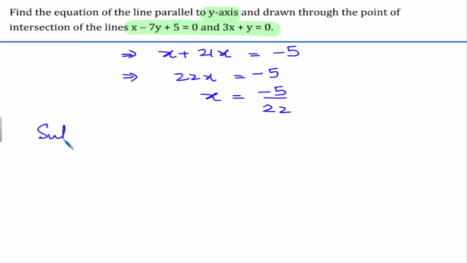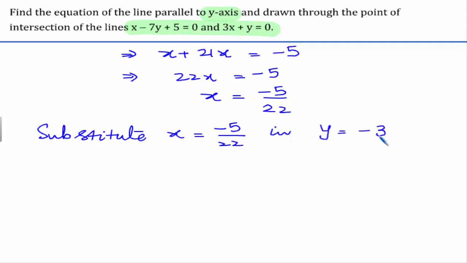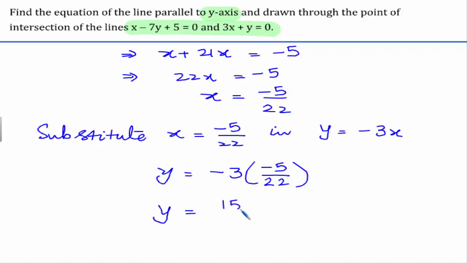Now let us substitute the value of x in the equation y is equal to minus 3x, then we get y is equal to minus 3 into minus 5 by 22. So that is y is equal to 15 by 22.